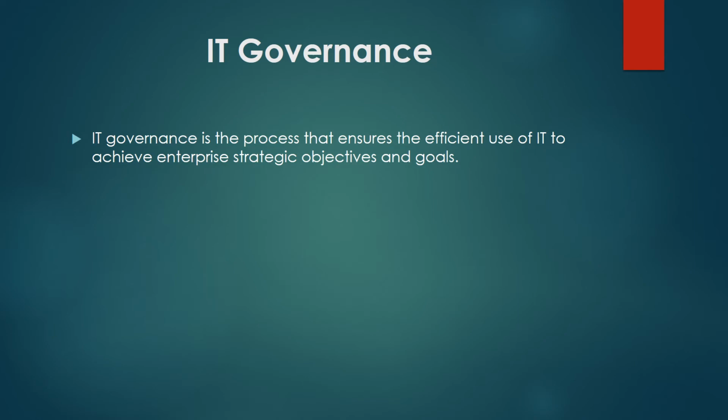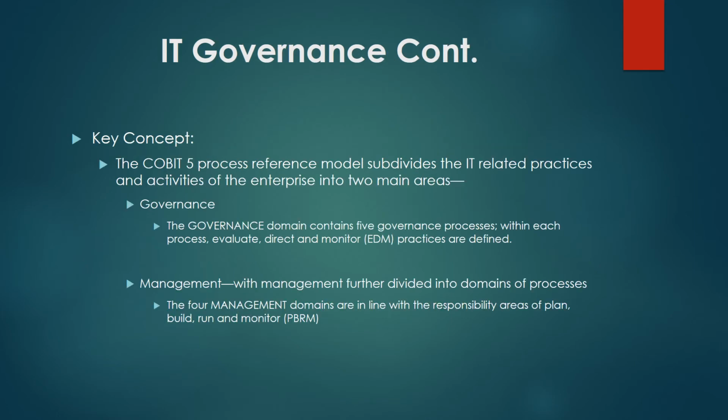What is IT governance? IT governance is the process that ensures the efficient use of IT to achieve enterprise strategic objectives and goals. What is the key concept? The COBIT 5 process reference model subdivides the IT related practice and activities of the enterprise into two main areas: governance and management.